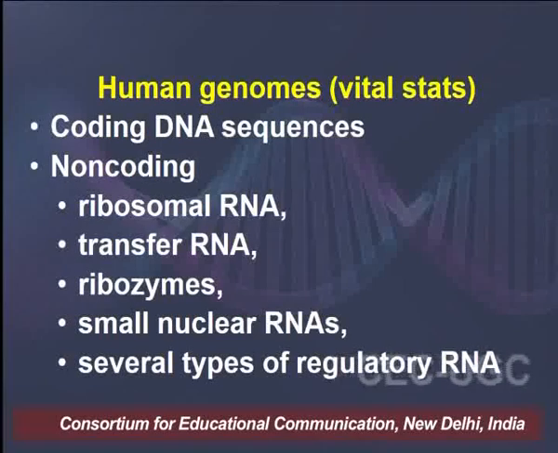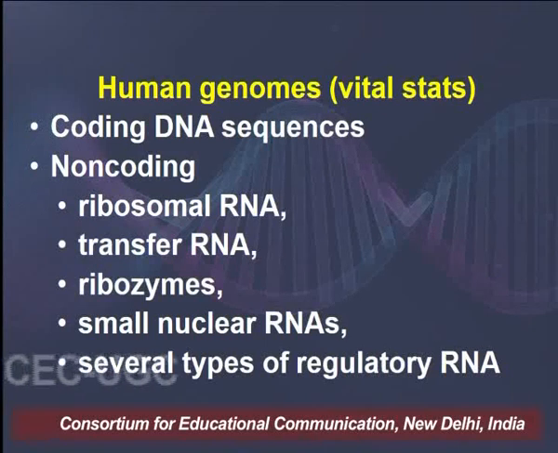Let me tell you a few more vital stats about the human genome. It has about 20,000 genes, and its size is 3.2 gigabytes, and in nucleotides, it is 3,200 million base pairs.